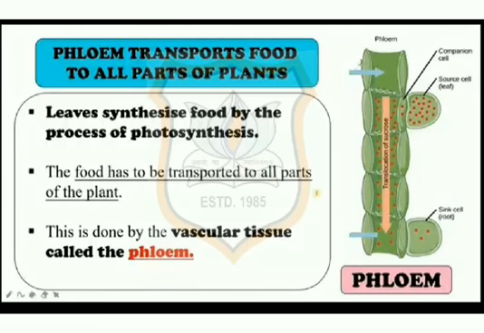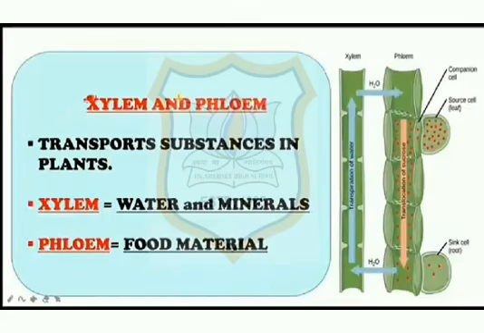As you know, leaves synthesize food by the process of photosynthesis. The food has to be transported to all parts of the plant. This is done by the vascular tissue called the phloem. So students, xylem and phloem transport substances in plants.